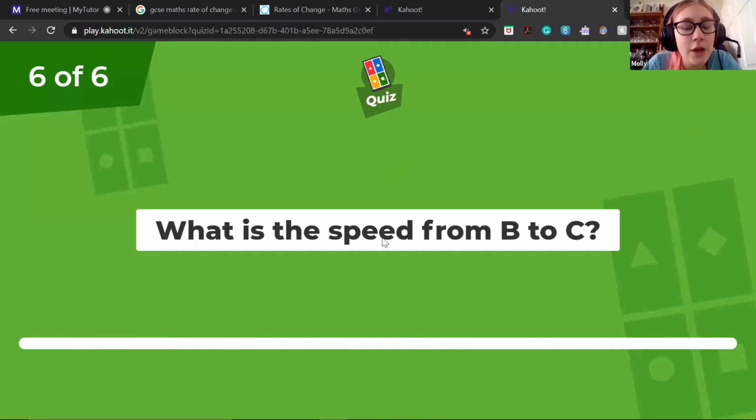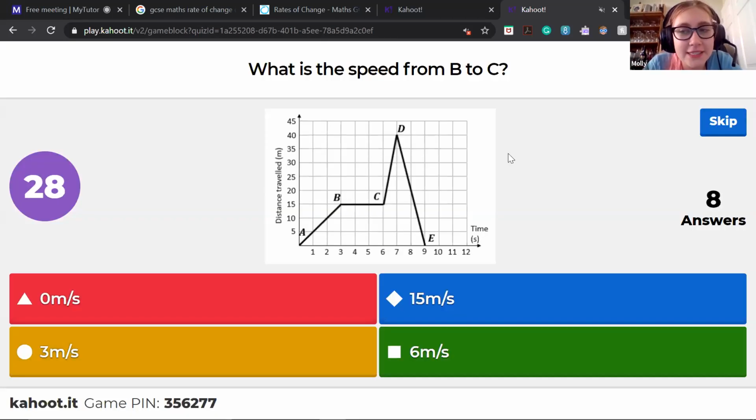And finally, what is the speed from B to C? Almost everybody got it.